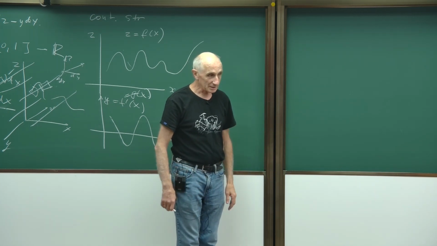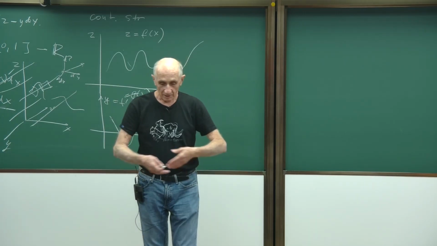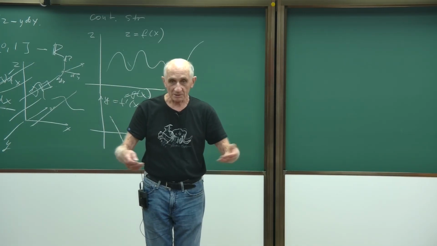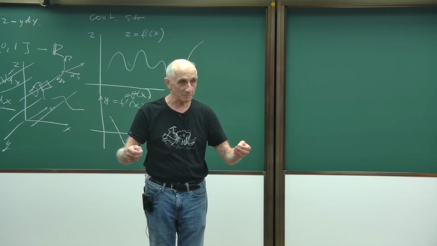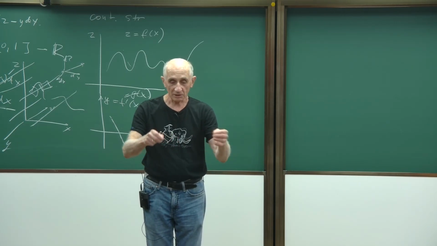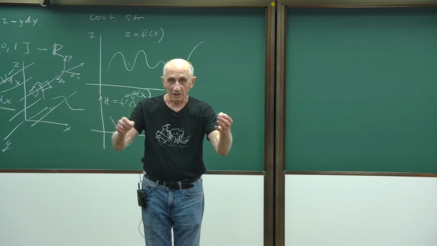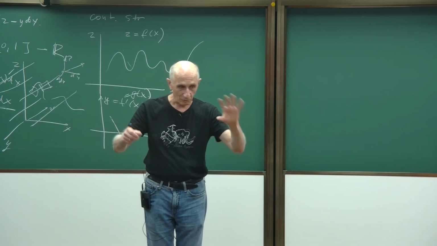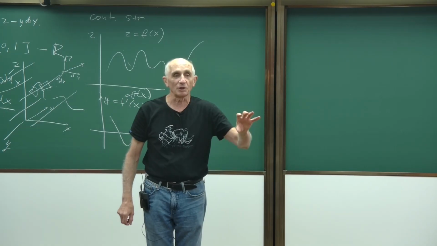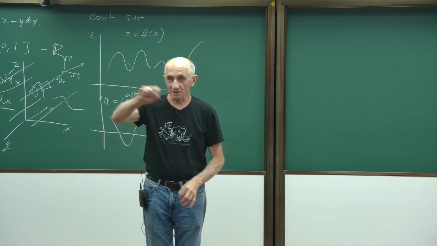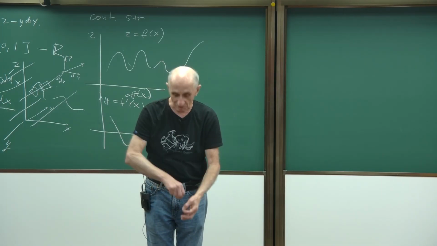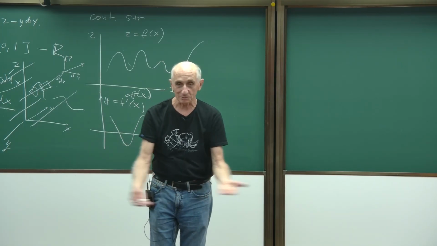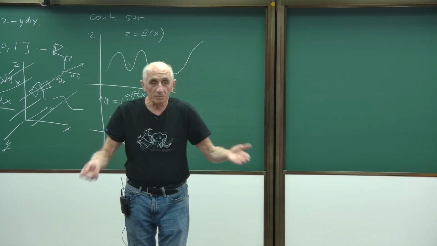In mechanics you have a mechanical system, and this system is determined by what is called the configuration space, the set of all positions of the system. For instance, a particle moving in space has configuration space R3, a particle moving on the plane has configuration space R2, and then there could be some constraint.